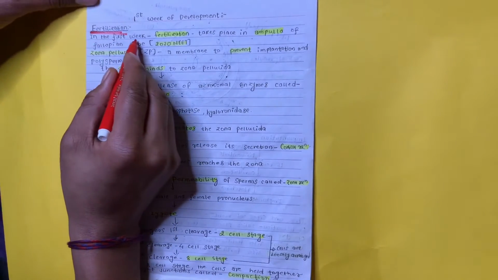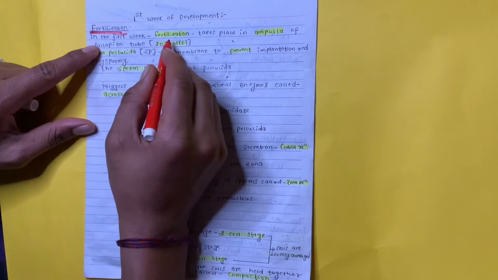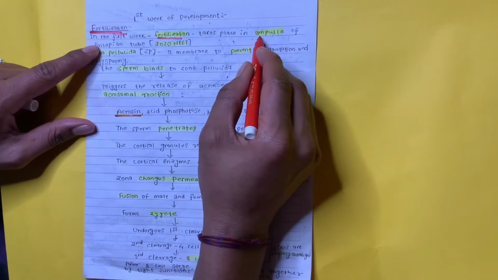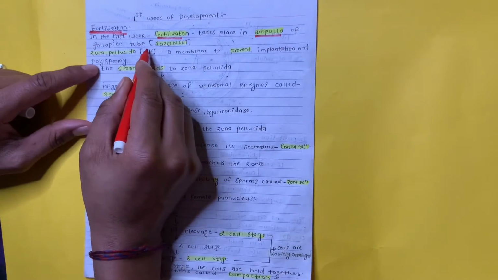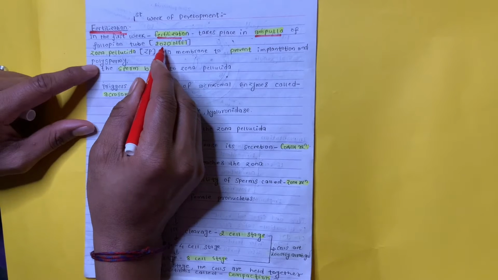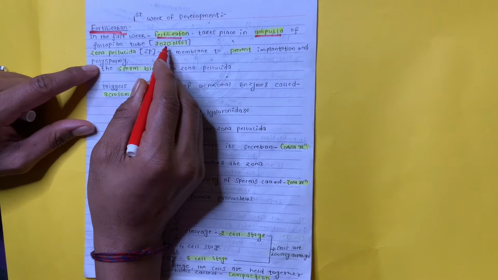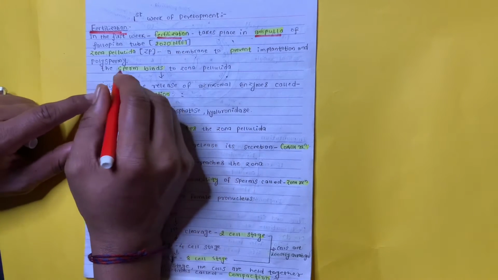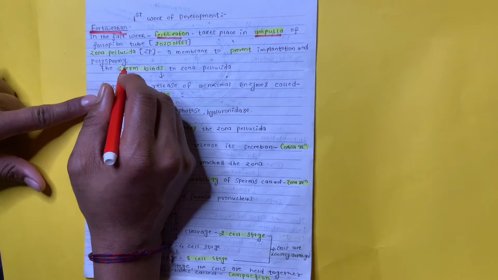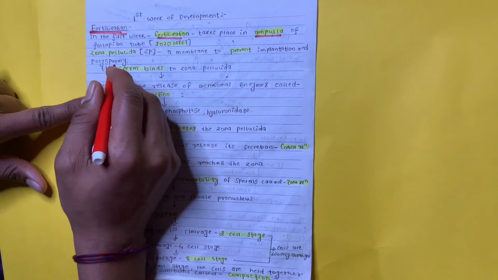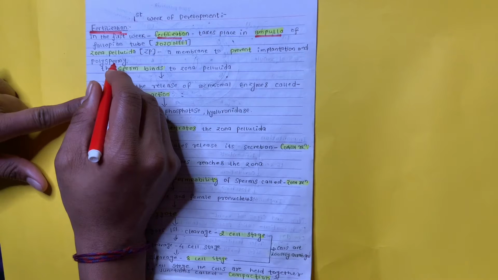In the first week of development, fertilization takes place in the ampulla of the fallopian tube, which was already asked in the 2022 NEET examination. So let's talk about some structures we encounter in the fertilization discussion.